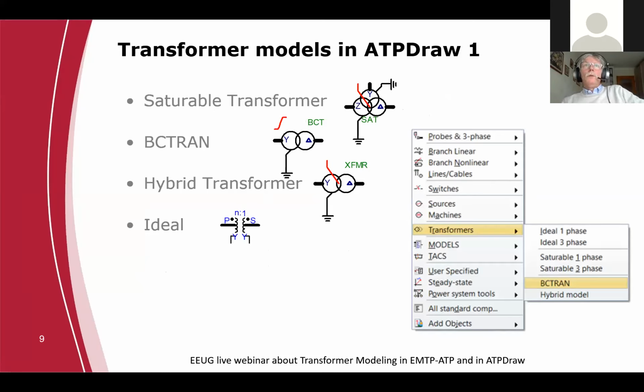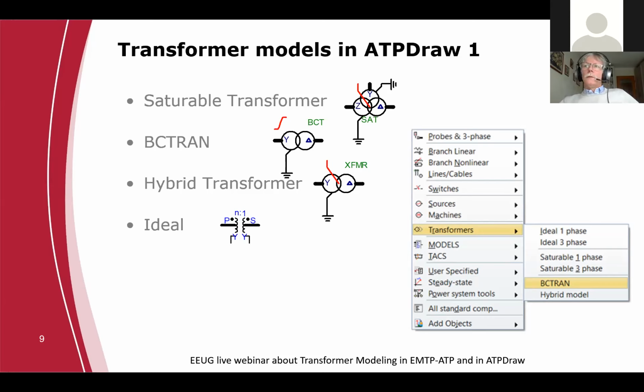Let's move on to the modeling side, to the user interface side. Nowadays, we use ATPDraw as an interface for ATP-EMTP simulations, and we have several modeling options to work with transformers. As you see here, these models are grouped on the floating component selection menu under transformers, and we have right now six different options.